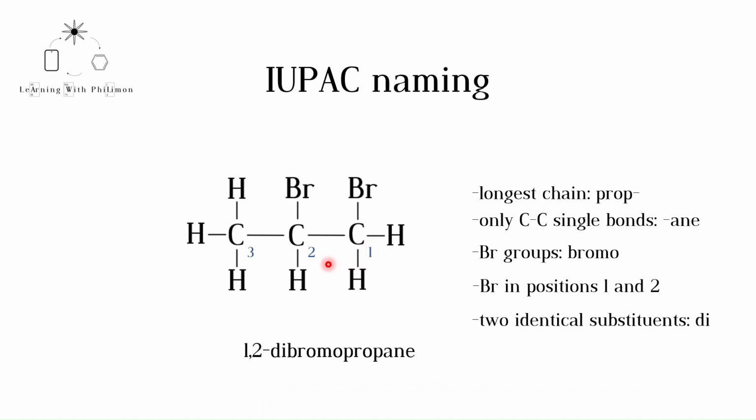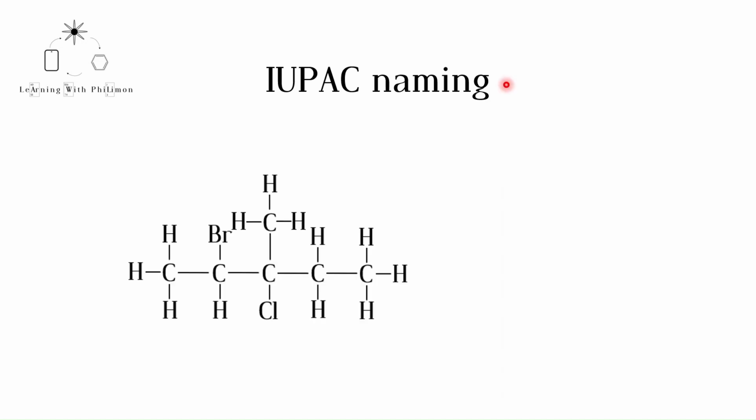Now let's take a look at a more complex example. In this example, the longest carbon chain consists of 5 carbon atoms. As a result, the name must contain the prefix pent-. The suffix is -ane, as the compound is a halogenoalkane. In this case, we have both halogen and alkyl group substituents.